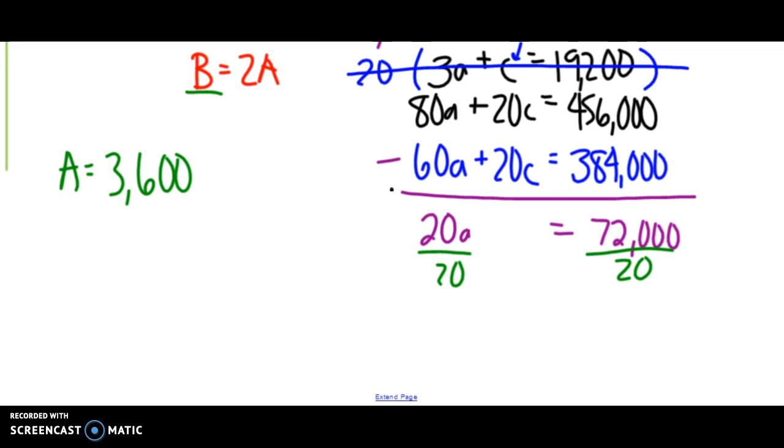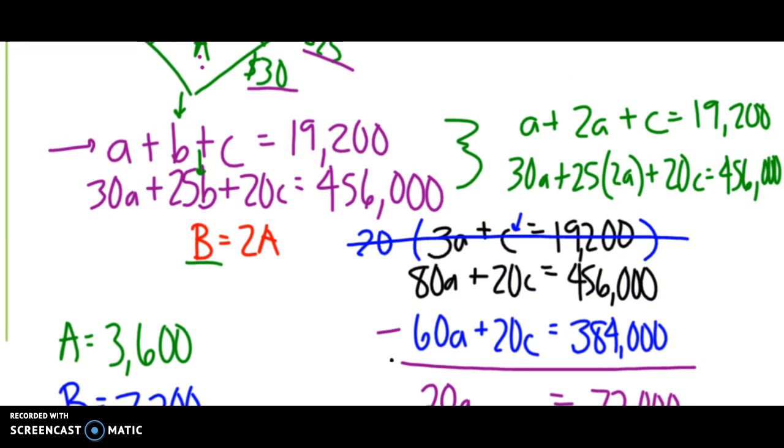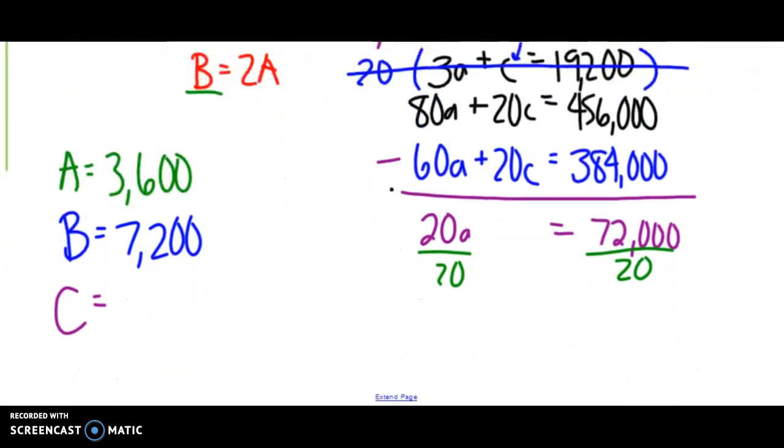Now we can easily find what B is too, right? The way we can find B is that's just 2 times A, right? So I take that times 2, that's 7,200. And then finally, if I want to figure out what C is, I can go back to my original equation that told us total number of seats, and I just plug in A, B, and C, right?